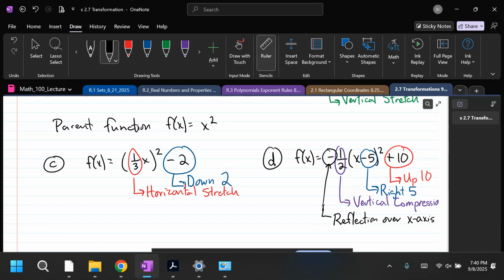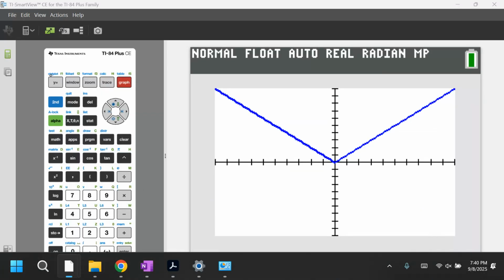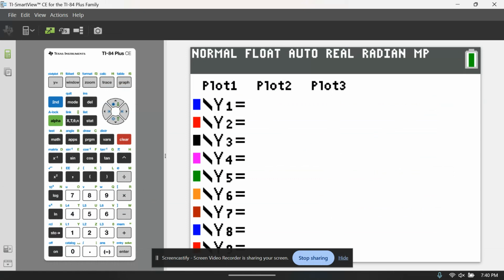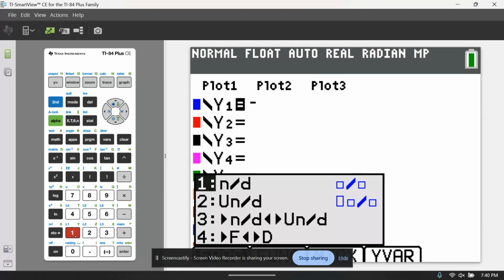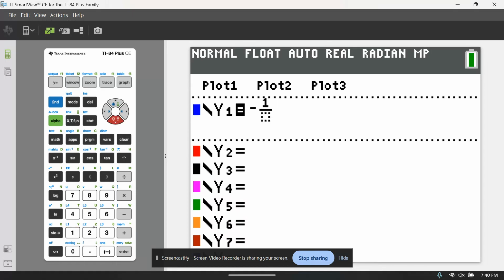So I'm going to graph that just to show you. So I've got negative 1/2, y equals negative 1/2 parentheses x minus 5 close parentheses squared plus 10.